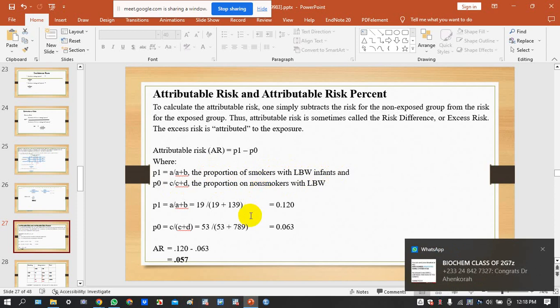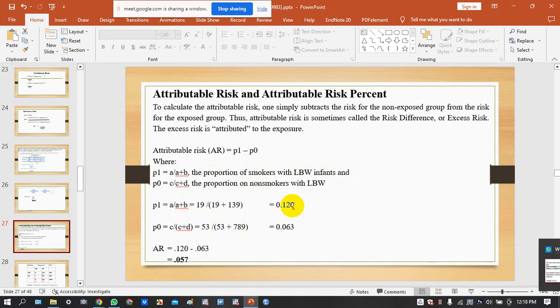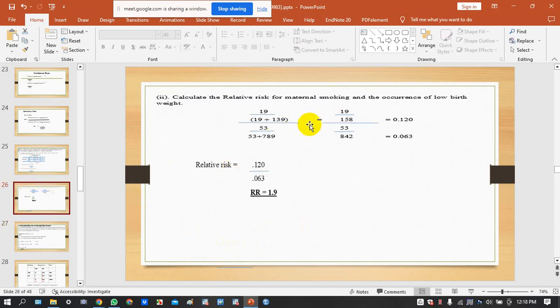So if we have something like this, then we subtract 0.120 minus 0.063. When you subtract the risk in the non-exposed from the exposed one, then you get the attributable risk.